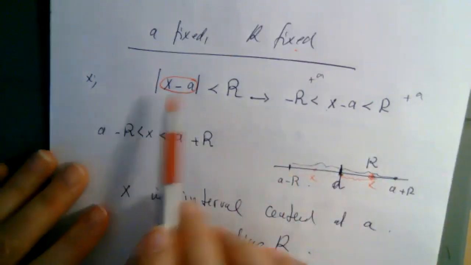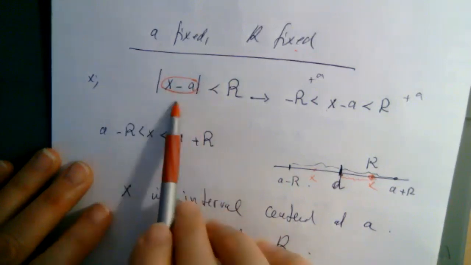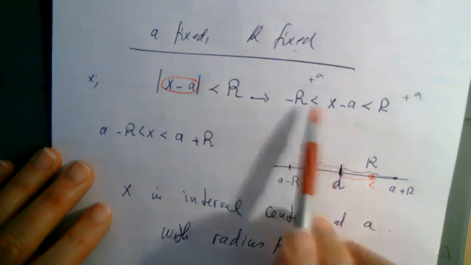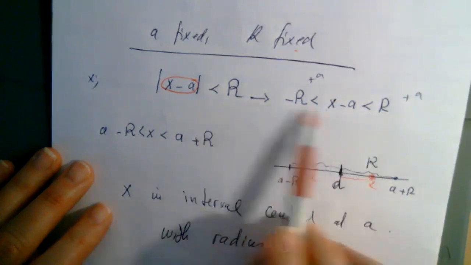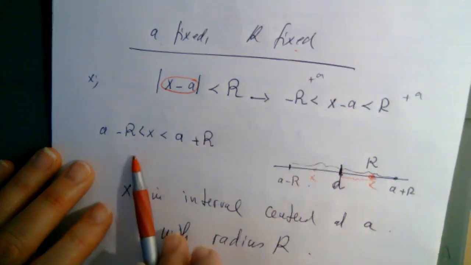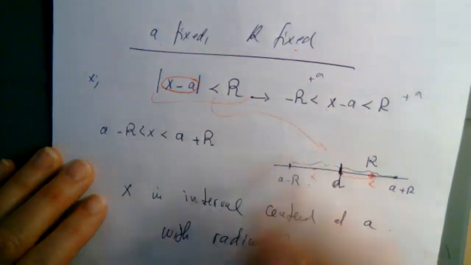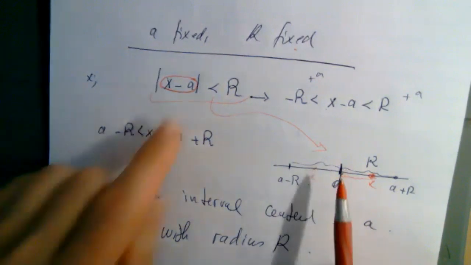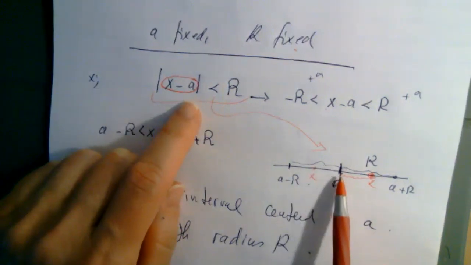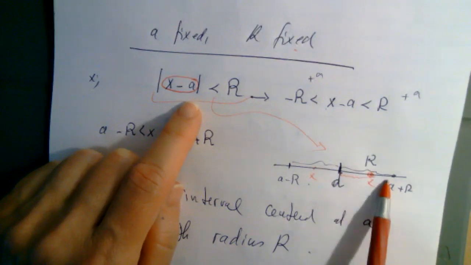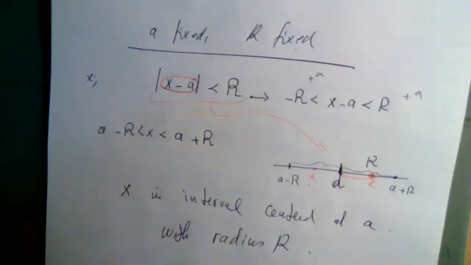So if you are faced with the question, find all the x's such that absolute x minus a less than r, you can do it purely algebraically, so you don't make any mistake. But the way you're going to visualize it is actually this picture. It means all the x's such that the distance to a is less than r. This is how we visualize this inequality.